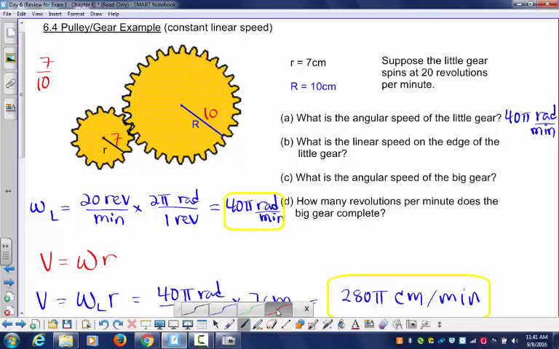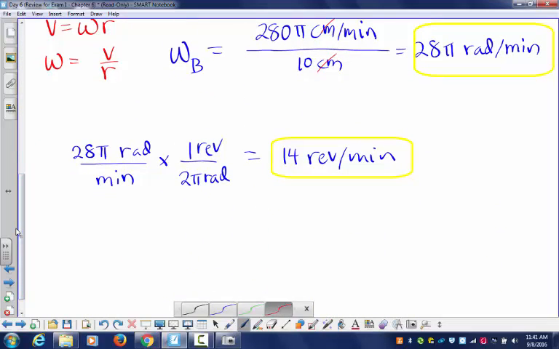Big one has to be spinning slower. 7/10 is less than 1. So if we take 7/10 and multiply it by 20, that will shrink the 20 down a little bit. And 7/10 times 20 is 14, which is what we got as our final revolutions per minute. So that's a check that the ratio approach gives us a way to check our final answer there. We got the right answer. All right.